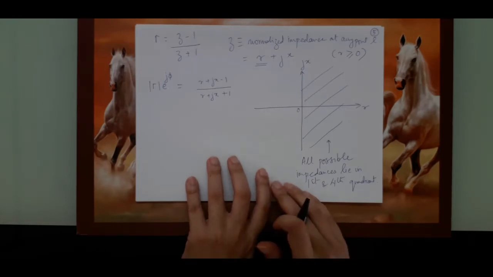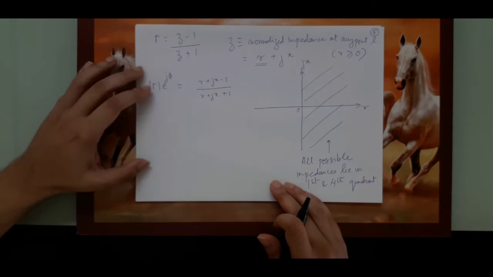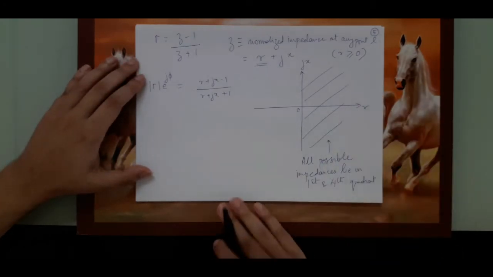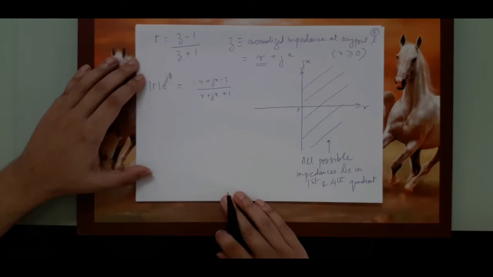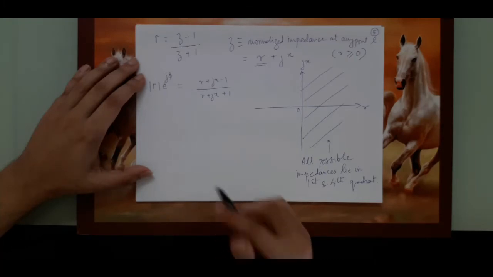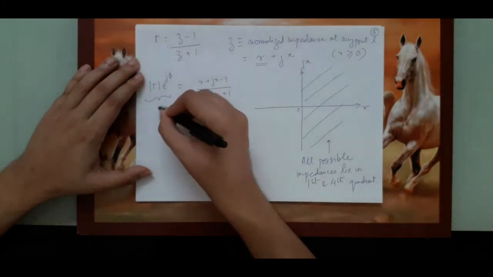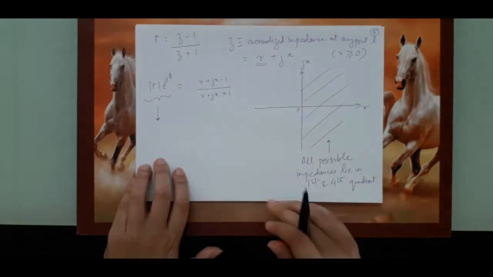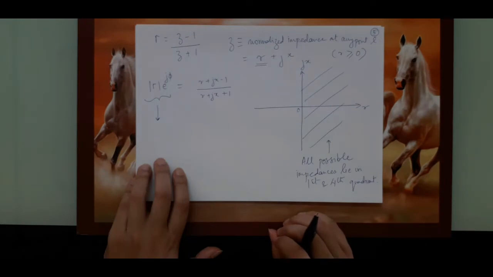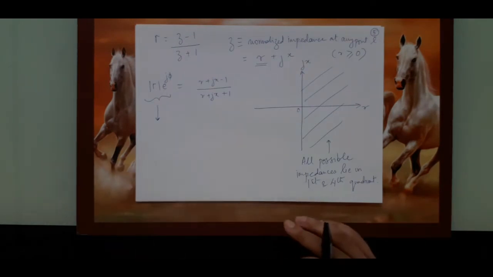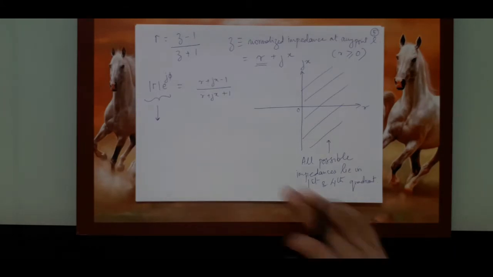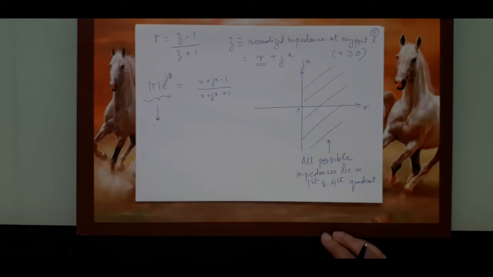Now, this is a Cartesian plane. Let us look at this. I have expressed gamma in the polar form.